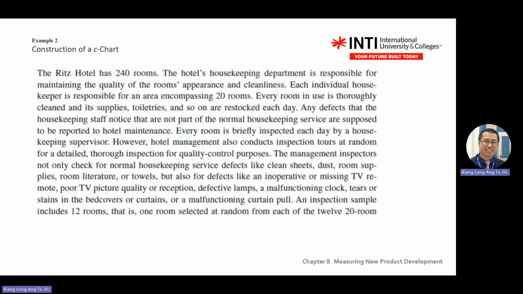Each individual housekeeper is responsible for 20 rooms. Every room in use is thoroughly cleaned and restored. Any defect that the housekeeping staff notice that is not part of normal housekeeping is supposed to be reported to the hotel management. So if you find something, you report to maintenance. Every room is briefly inspected each day. So each day, inspect.